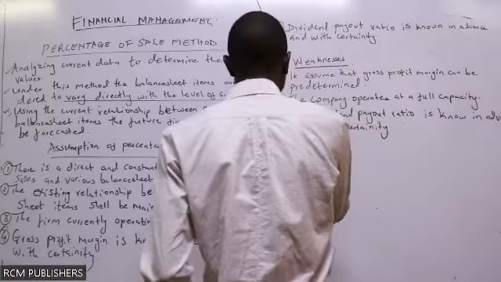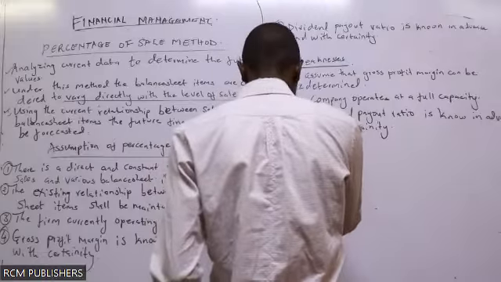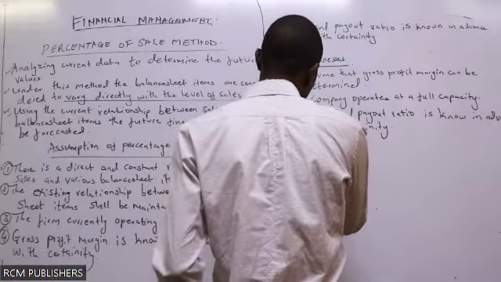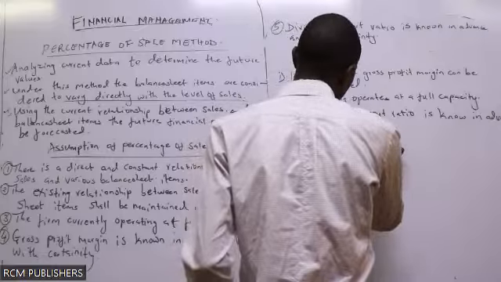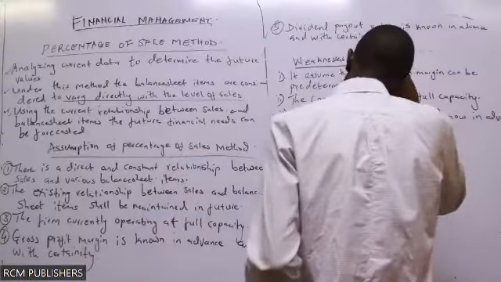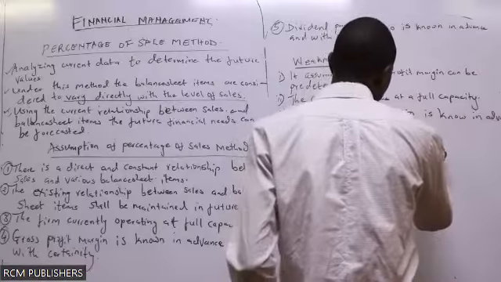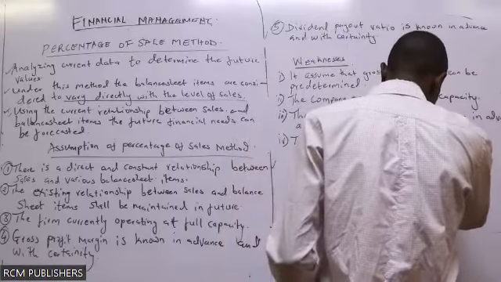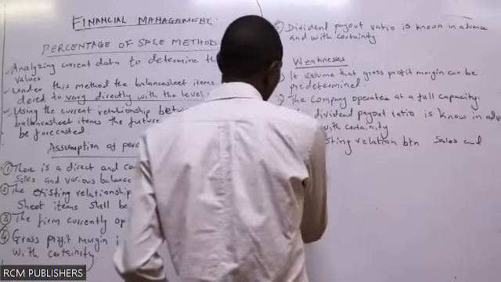Number four, you can say that the existing relationship between sales and the balance sheet items shall be maintained in future. Sasa hizi points mzishike during the weekend, so that when we shall be tackling the question, inakuwa rahisi.